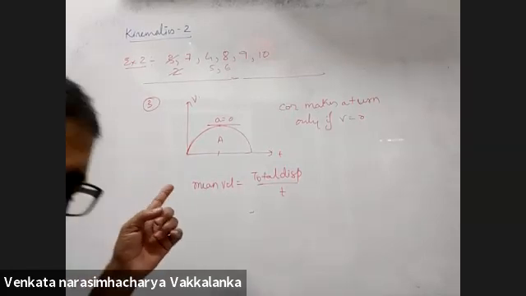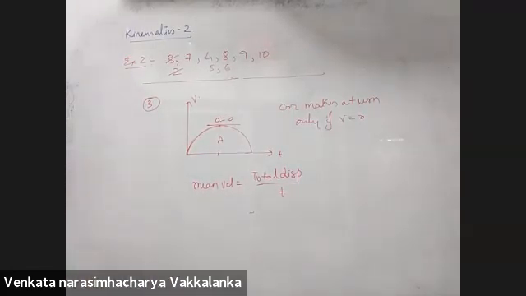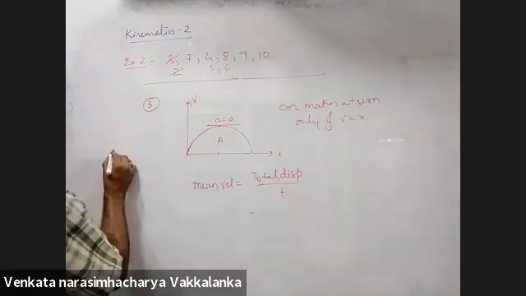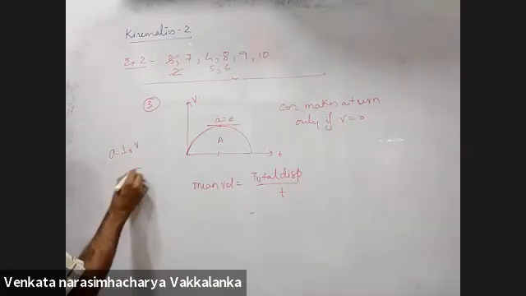Sir, under which cases will a car move in a circular path? There should be an acceleration perpendicular to the velocity. A should be perpendicular to velocity.